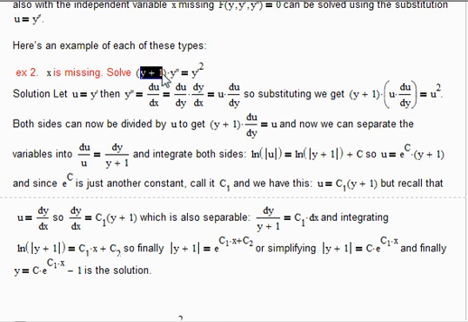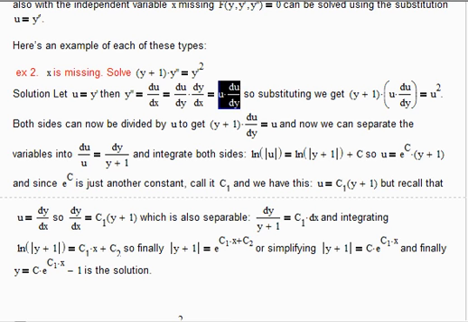So we want to solve y plus 1 times y double prime equals y prime squared. If we let u equal y prime, then y double prime is du dx, which is du dy times dy dx, and since dy dx is y prime, that is u. So that's u times du dy.